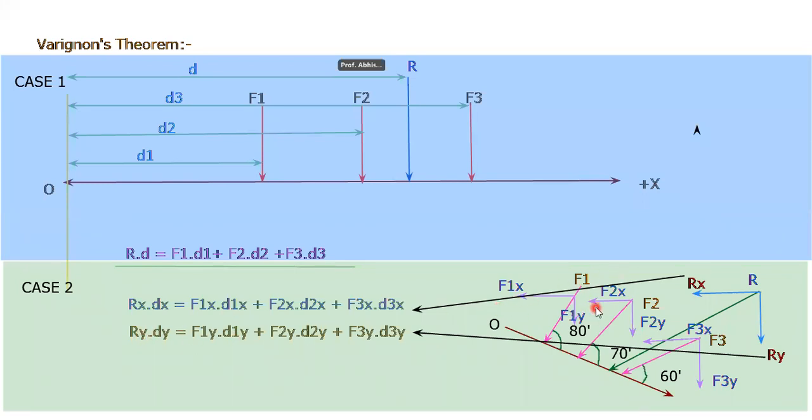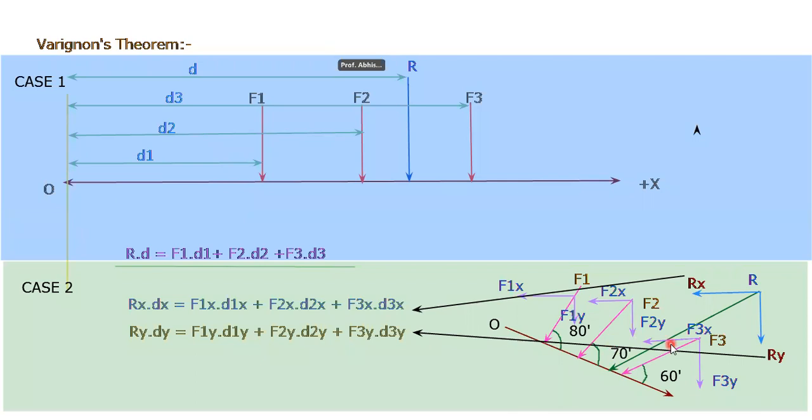Now you have to split it based on the angle, right? F1x is cos of 80, F1y is sin of 80, F2x is cos of 70, F2y is sin of 70, right? In this manner, you are able to calculate its components, right?